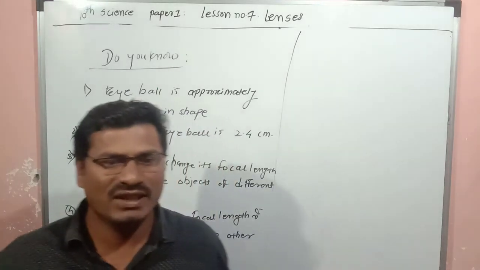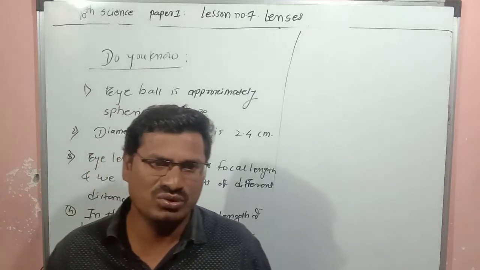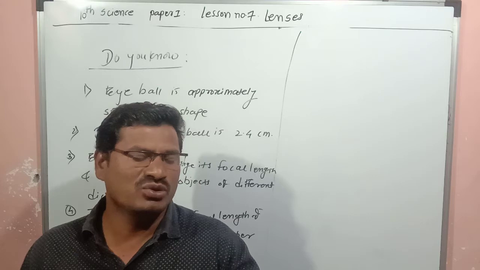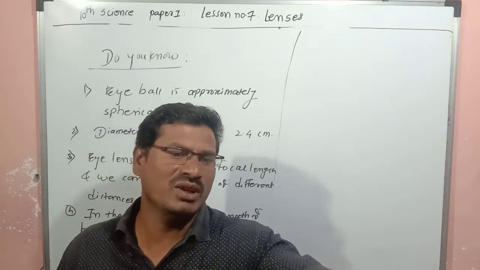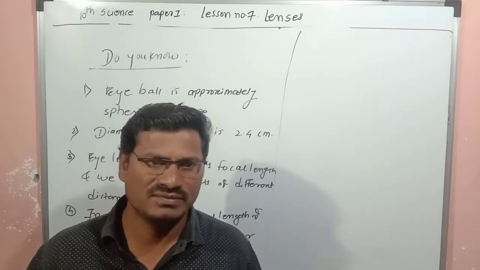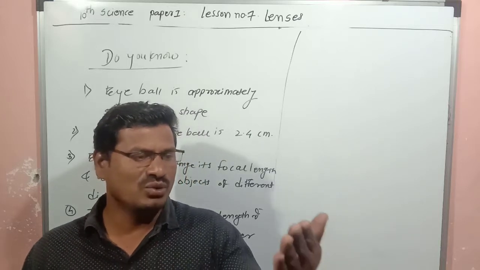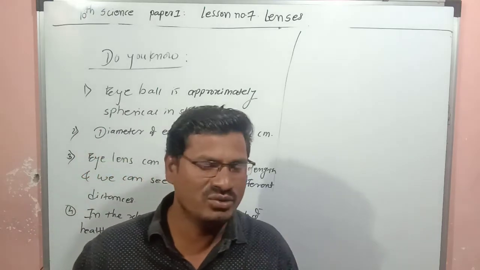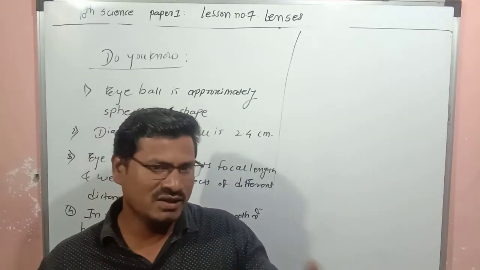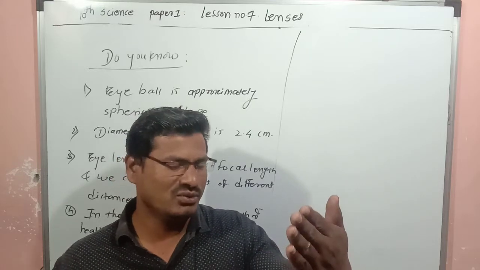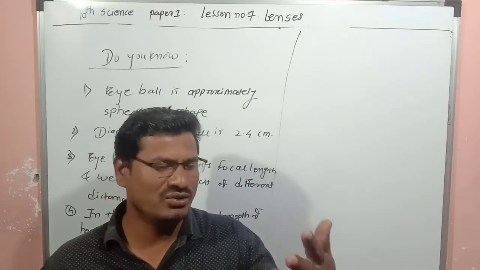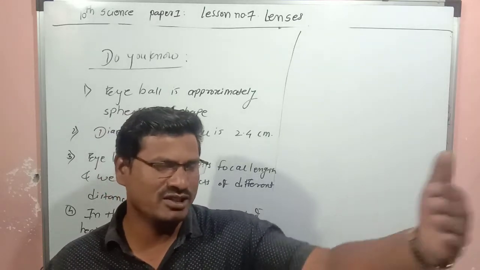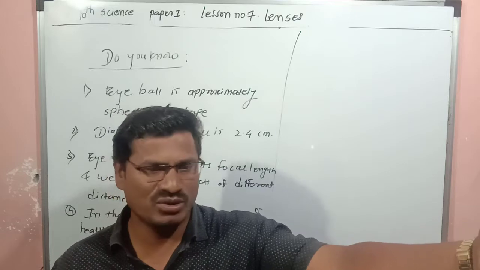Next, try this activity. Take a textbook. First, hold the textbook far away from your eyes and try to read it. Second, hold the textbook extremely close to your eyes and try to read. Third, keep the textbook at 25 centimeters and try to read. If the textbook is far away, you are unable to read it properly.